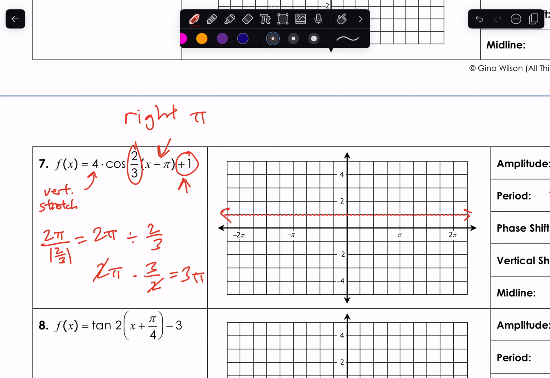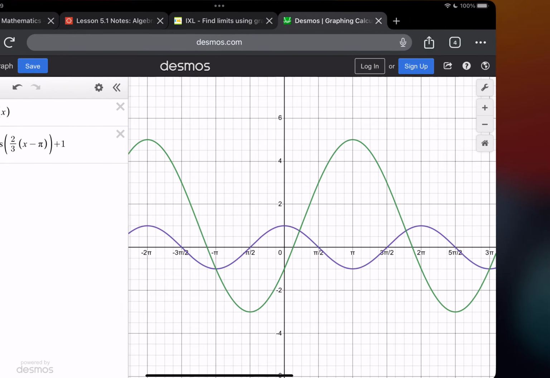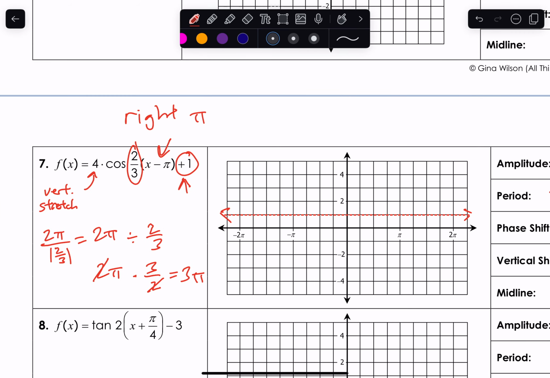So I know my graph is going to be centered around there. Now, on my cosine graph, I normally touch the midline at two different places, at pi over 2 and 3 pi over 2. But that doesn't happen anymore because I did so much movement.